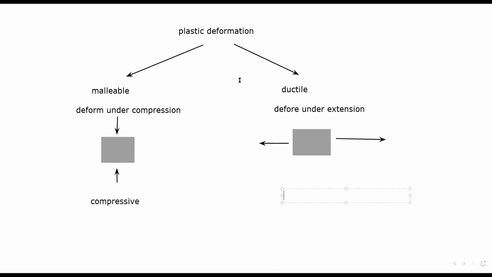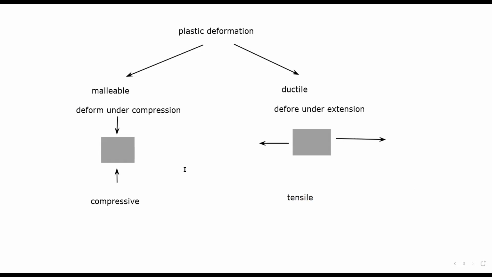But if an object deforms under tensile stress, we call that ductile. So from the graph, you cannot say whether it is ductile or malleable.